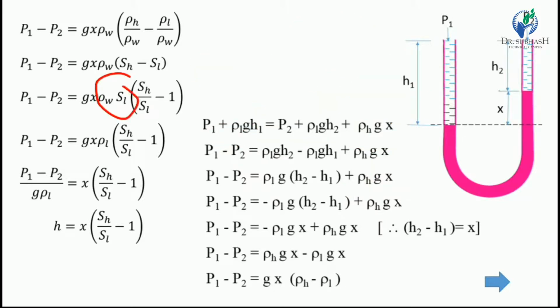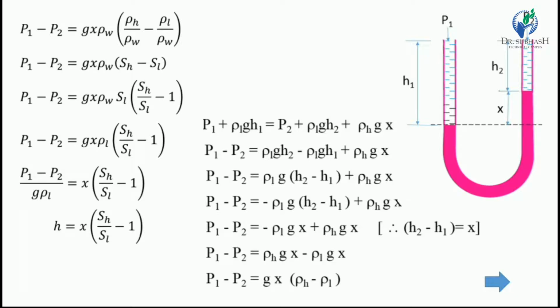Now rho into g is moved to the left side, and what remains is x in bracket Sh upon Sl minus 1.